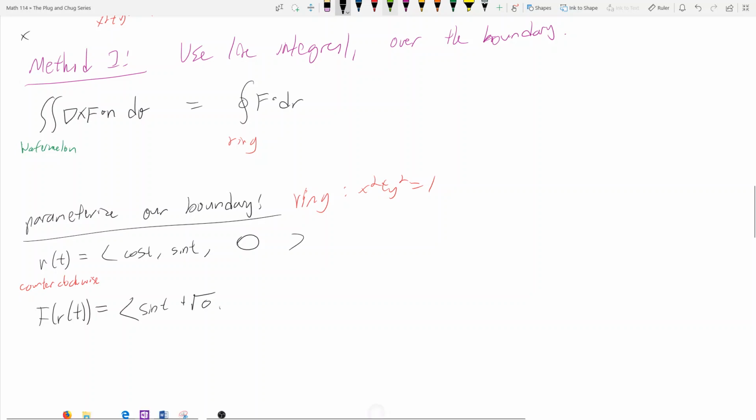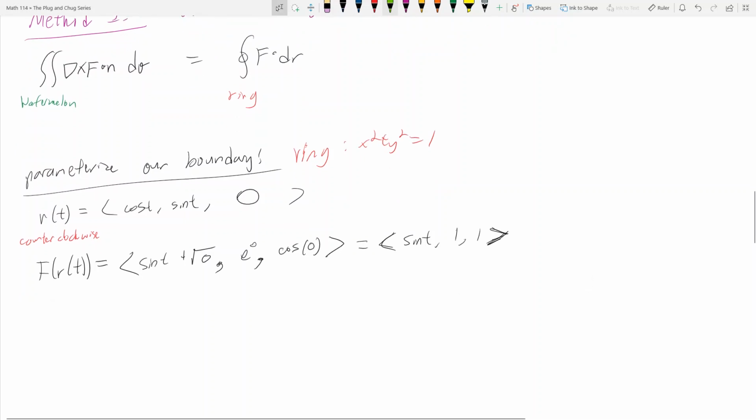E to the xyz, well, x times y times z is going to be 0 since z is 0, so that's e to the 0. And then cosine xz is going to be cosine 0, since z is 0. And so that's really sine t, comma 1, comma 1.